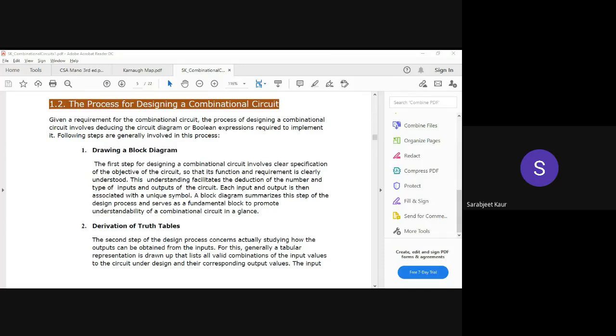Okay, that is the block diagram. So somebody might ask us, what is the use of drawing a block diagram? After all, we are just drawing a rectangular shape there, right, in between, and just pointing out the inputs and the outputs. What is the purpose that such a diagram can serve?